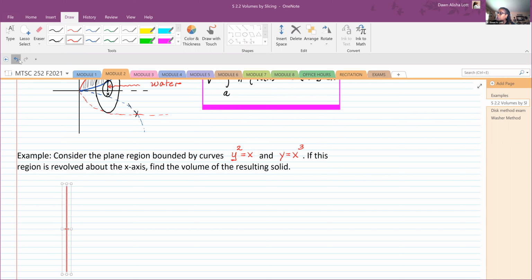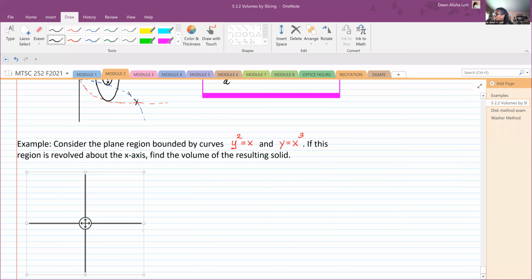So this is almost that exact same example I just did. So x equals y squared is a parabola. It looks like this. And y equals x cubed is a cubic.